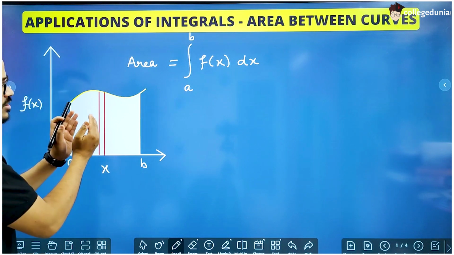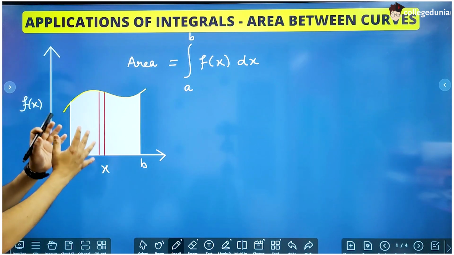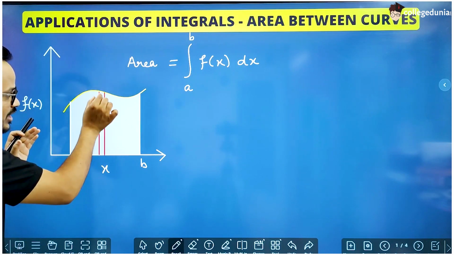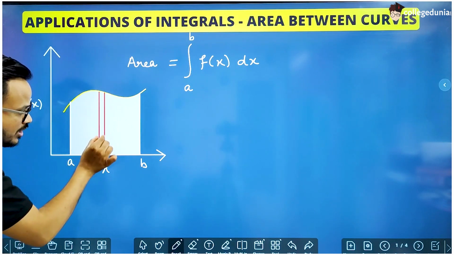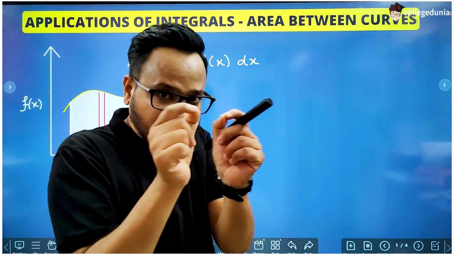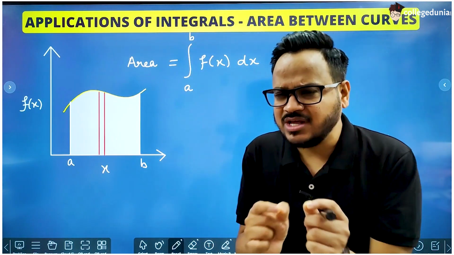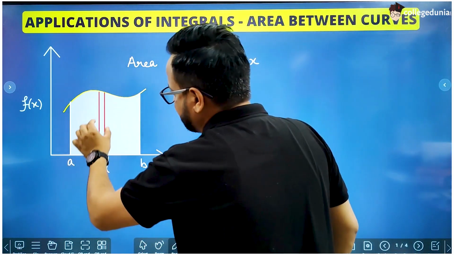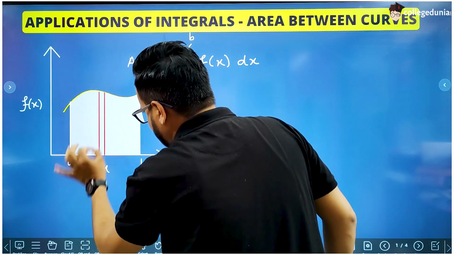I have made this a bit broader so that you can easily see, but you just have to imagine that we have divided this whole area into rectangular strips of very small size. The width of this strip is very small, right?